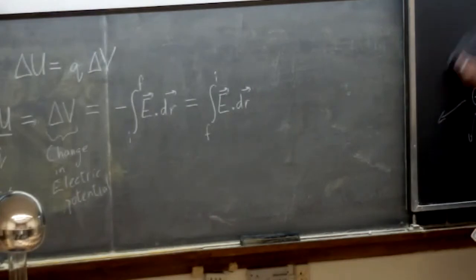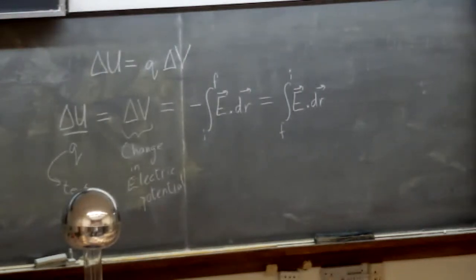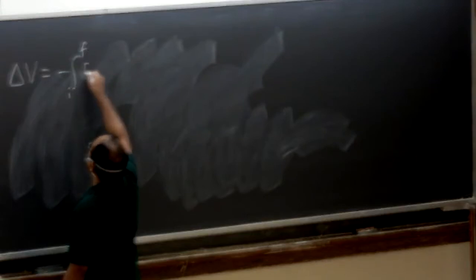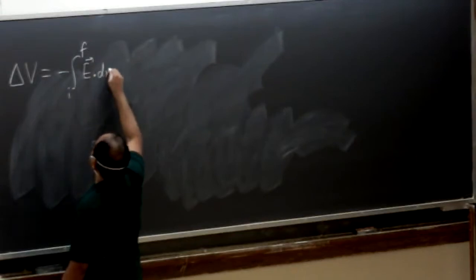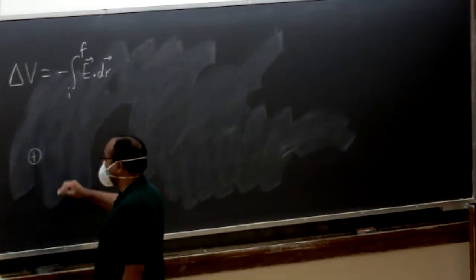We have the equation delta V equals integral E dot dr, and we're looking at just a single point charge.